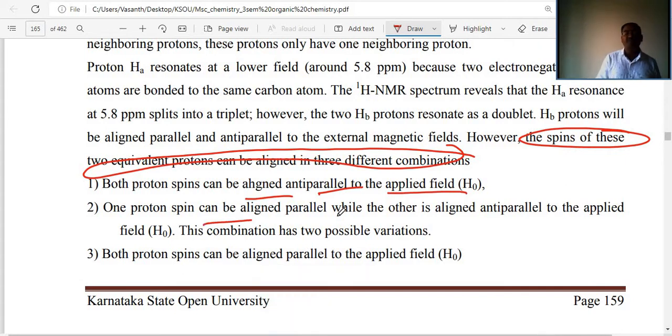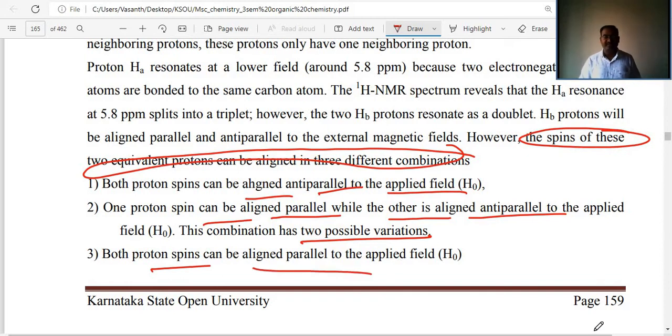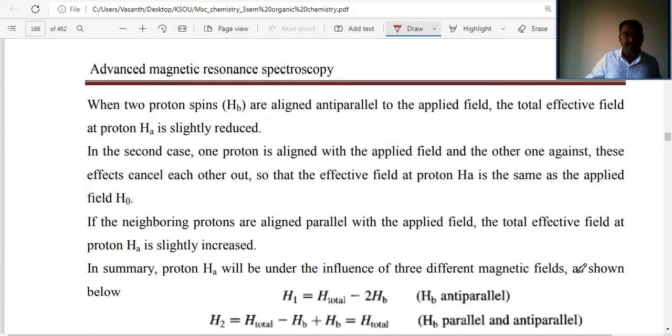One proton spin can be aligned parallel while the other is aligned anti-parallel to the applied field. Both proton spins can be aligned parallel to the applied field. When two proton spins are aligned anti-parallel to the applied field, the total effective field at proton HA is slightly decreased.